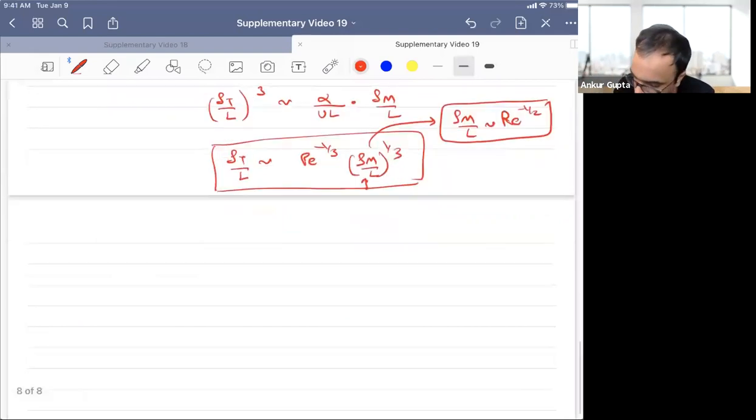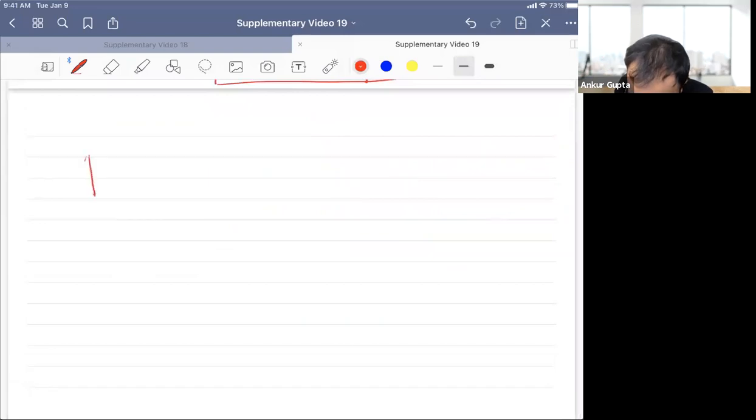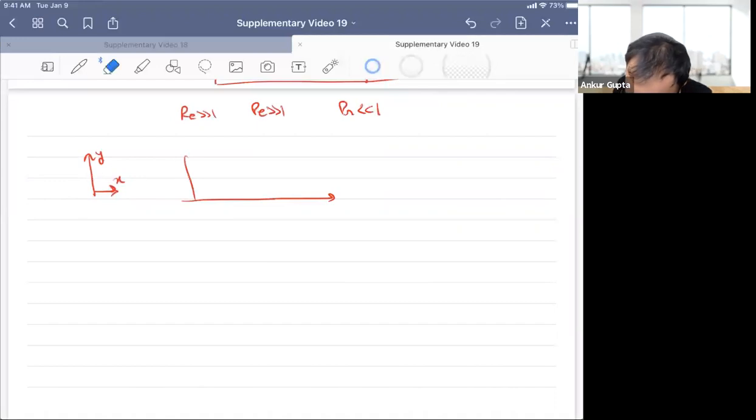And finally, I want to mention that in y and x, if we have Reynolds number greater than 1, Peclet number greater than 1, but Prandtl number much smaller than 1, then we will get the opposite scale of thermal boundary layer and momentum boundary layer.